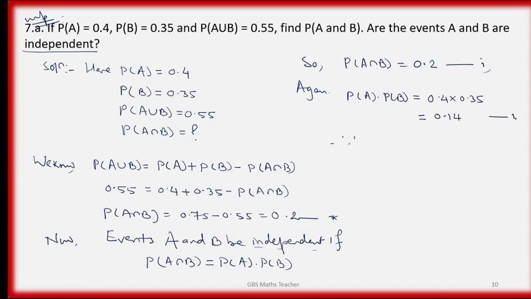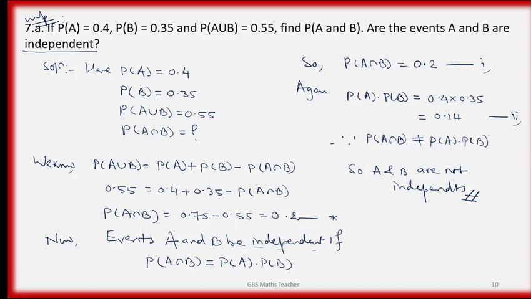Therefore, probability of A intersection B does not equal probability of A times probability of B. So events A and B are not independent. It is a very good question.